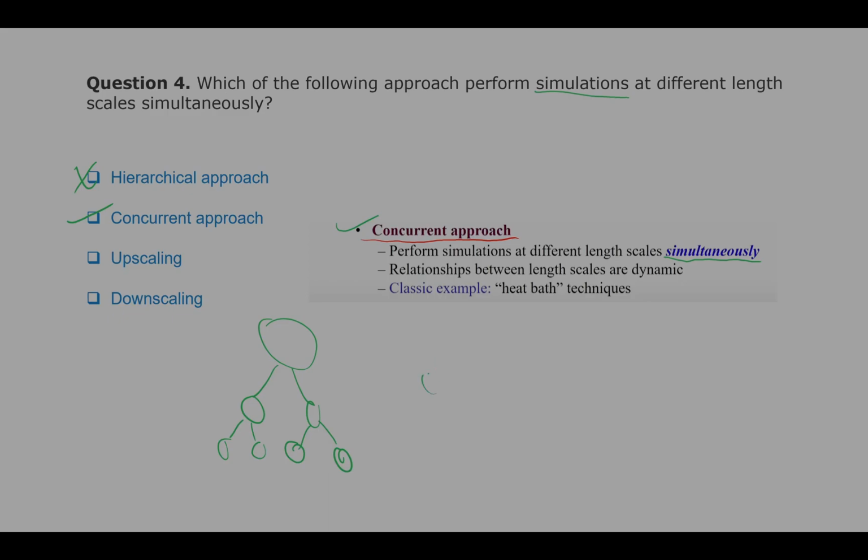Upscaling means going from smaller toward the bigger scale. Downscaling is the opposite of upscaling, from continuum to atomic. So the correct answer is the concurrent approach.